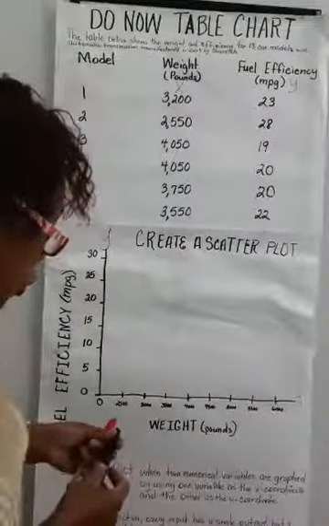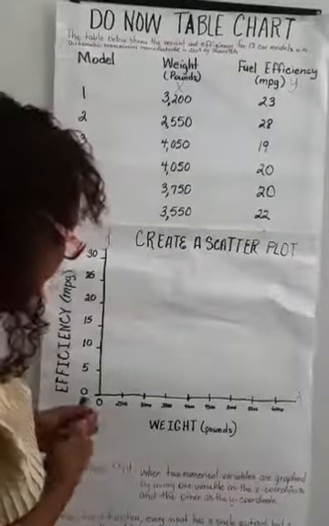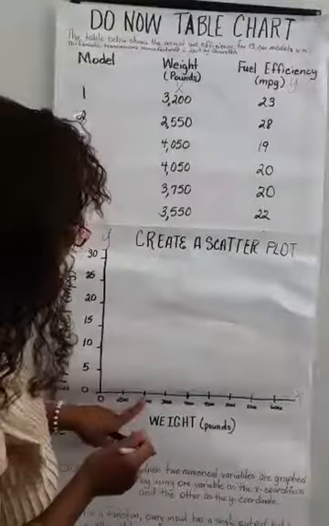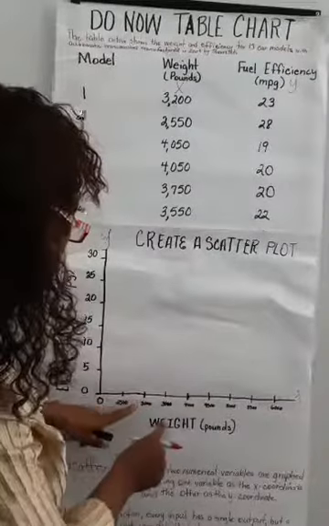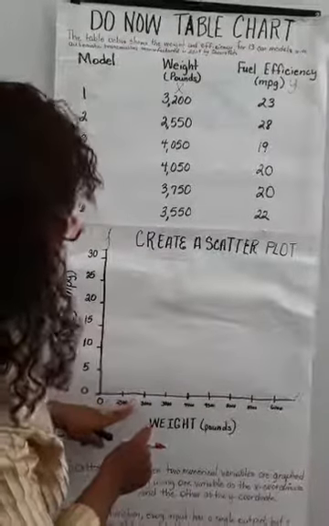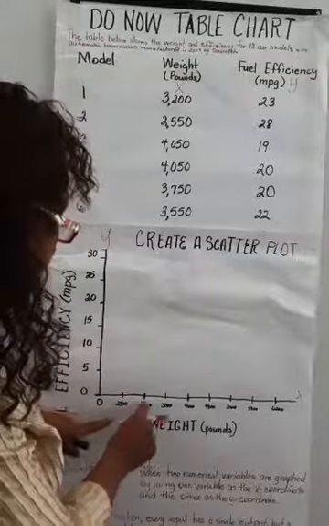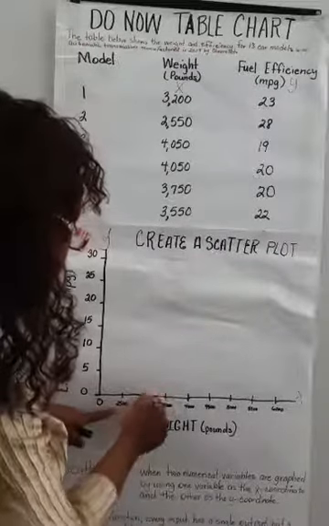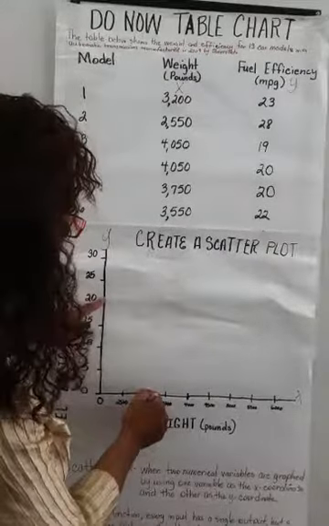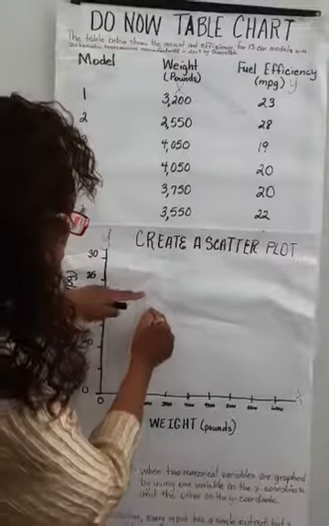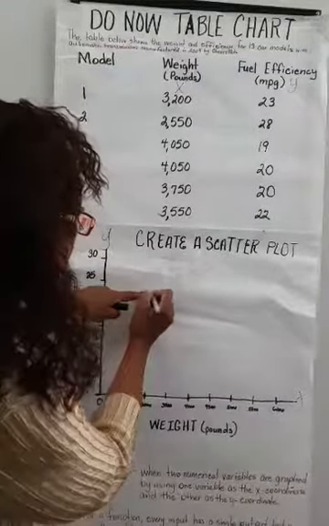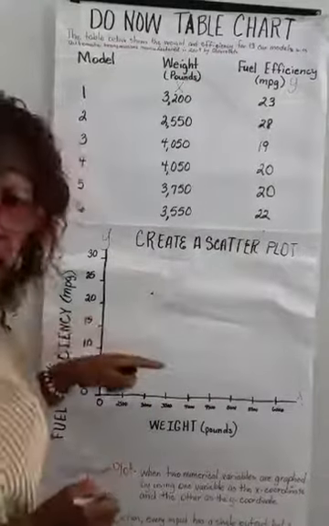So we look at that as 32 at 23. Our weight is 32, somewhere right in here. And 23 is gonna be right up in here somewhere. I may not be exact because I'm freehanding.